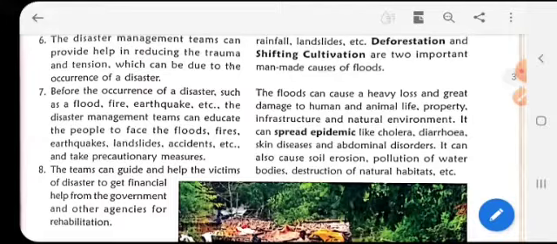So, damage of property, infrastructure, natural environment can occur, and it can spread epidemics like cholera. So floods also cause a lot of hazards and after effects, like cholera, diarrhea, and many kinds of skin diseases and abdominal disorders.